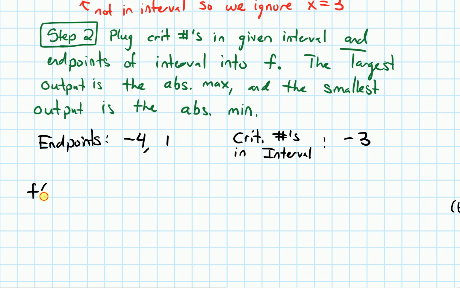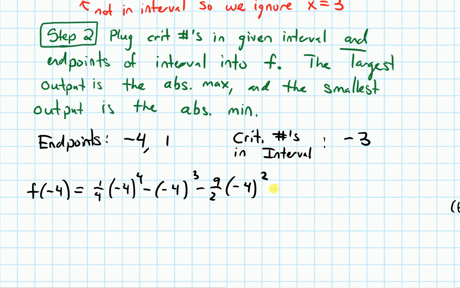Okay, so I'll start off by plugging in -4. So the original function, if I plug it in, I'll get 1/4 times x to the 4th, so -4 to the 4th, and then it's minus x cubed, so minus -4 cubed, minus 9/2 x squared, so I'll get a -4 squared here, and then plus 27x, so 27 times -4.